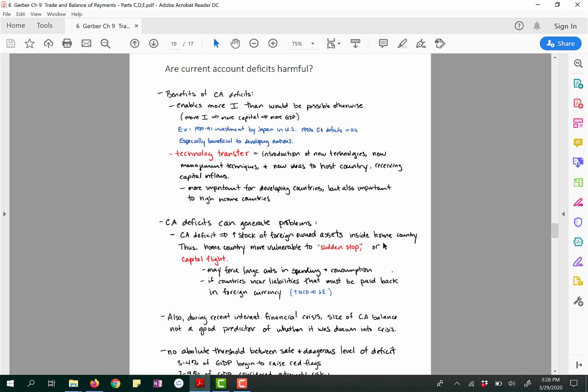Again, having a current account deficit implies that you have capital flowing into your economy, and that creates the vulnerability for capital flight. Or sometimes the term sudden stop is used, which means more or less the same thing. It means a sudden reversal of capital flows.